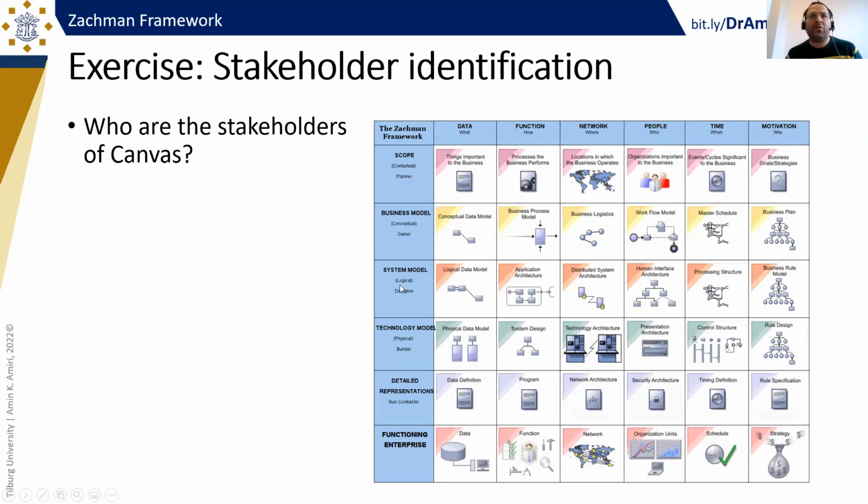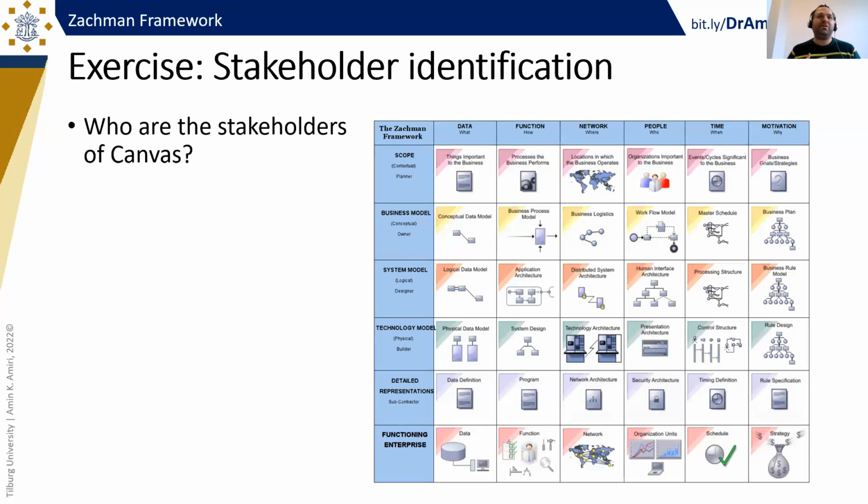And for Canvas, afterward we have an architect, then we have a software engineer and data engineers and people like that who design the application, and then we have programmers or database developers who created this. And then you are here, I am here at the functioning enterprise.